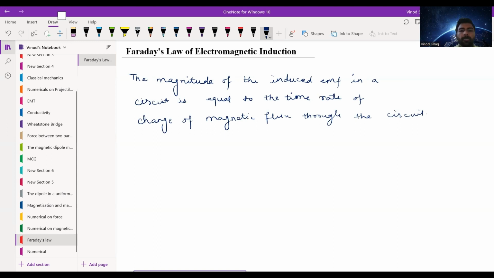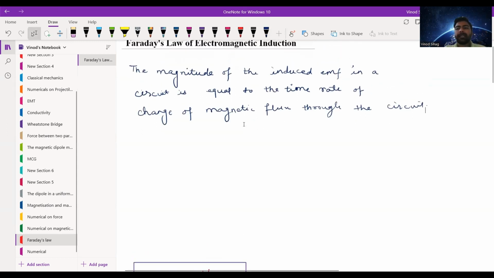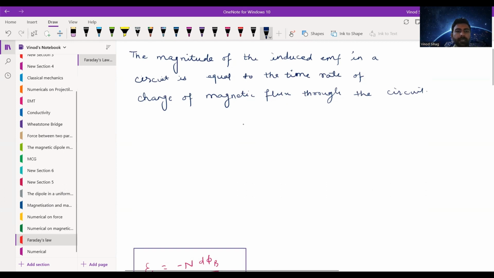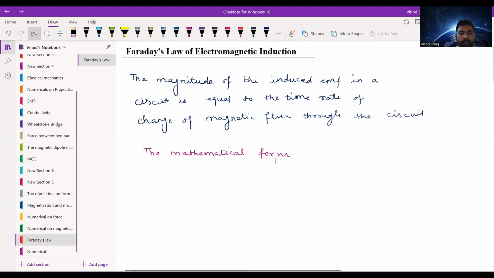This was given, and its mathematical form is E equals minus d phi B upon dt. This is the equation.